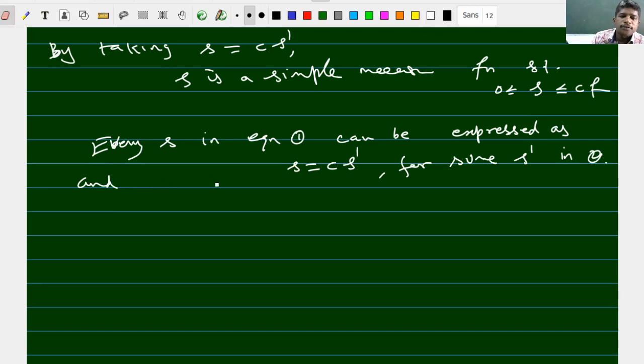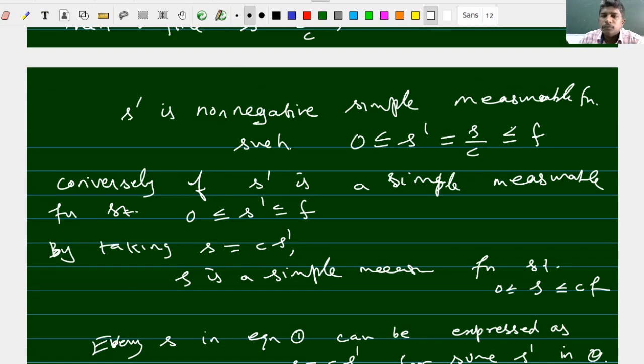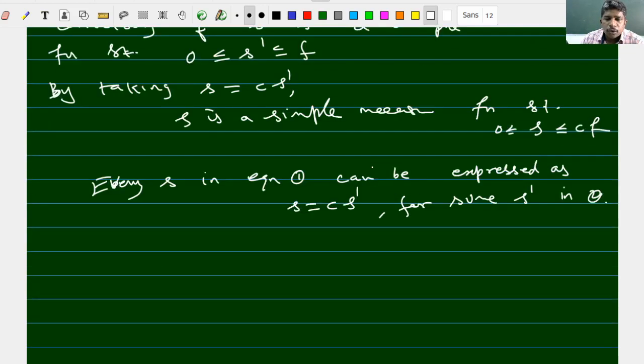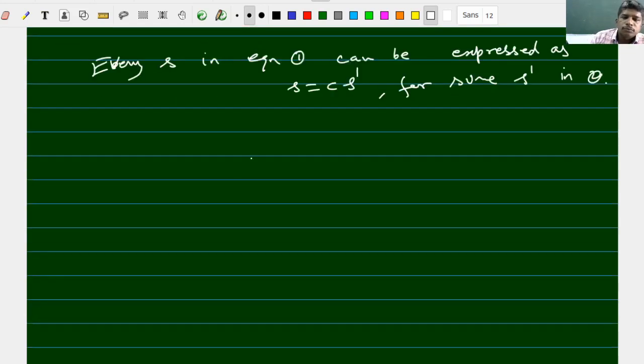And conversely. So this is the thing. Every s in 1 will be c s dash, and every s dash in 2 will be s by c.